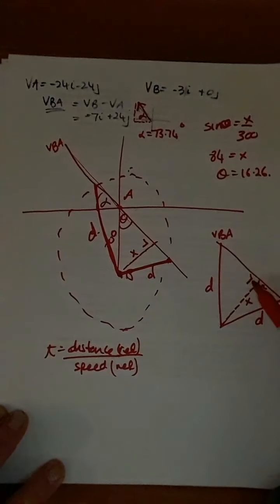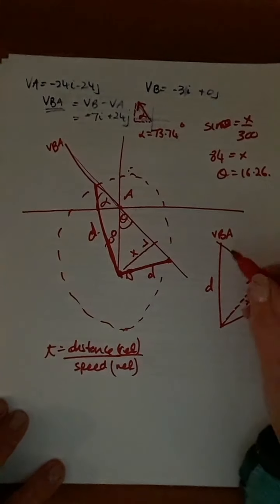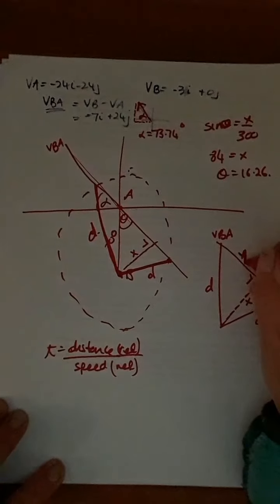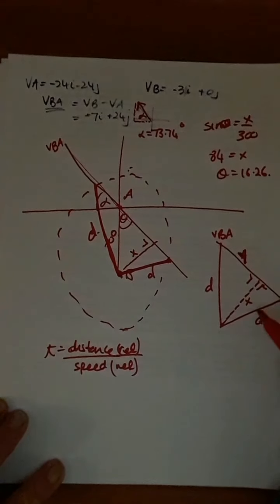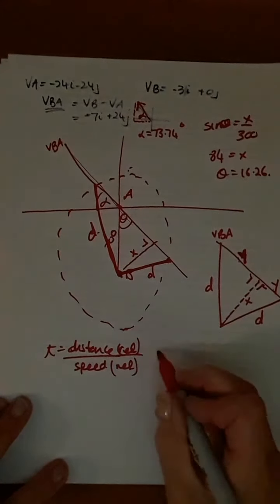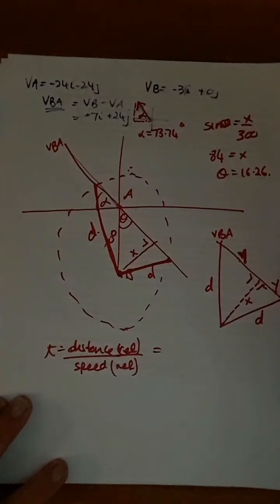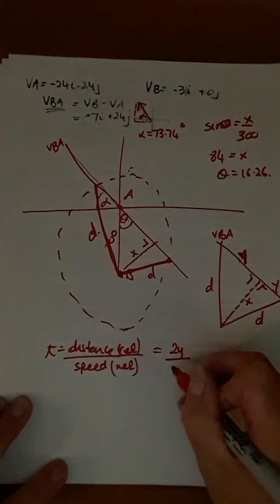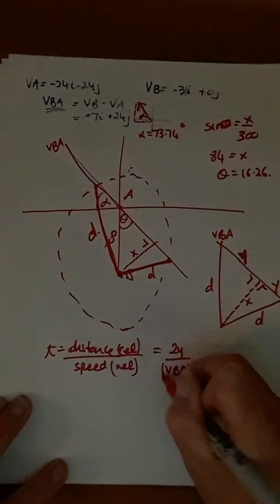Looking at this triangle, that's a right angle, that's d. I'm going to call this y. Can't get my letters mixed up. If this is x and that's d, this is also y. So those two distances are equal. That means the relative distance on that relative velocity line is y plus y. And the relative speed is the modulus of VBA.